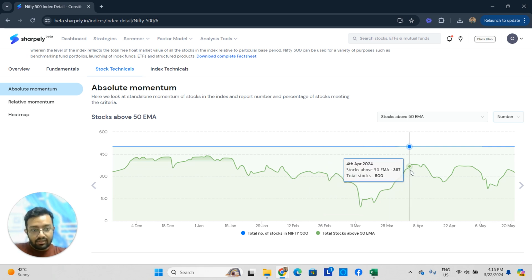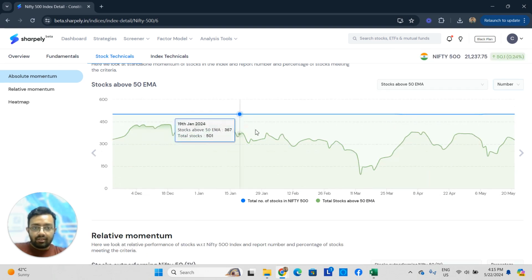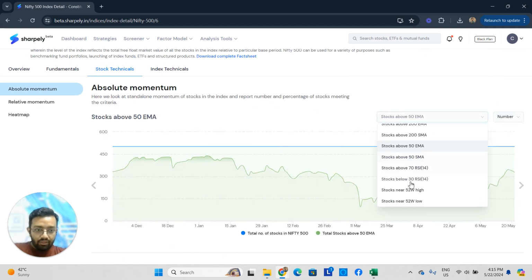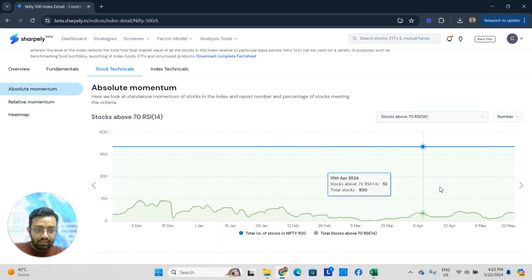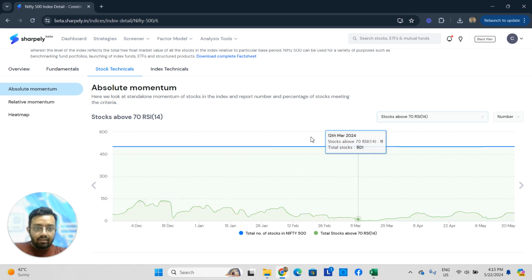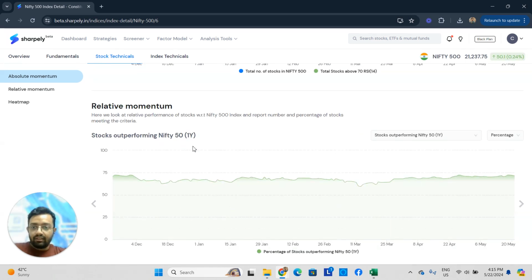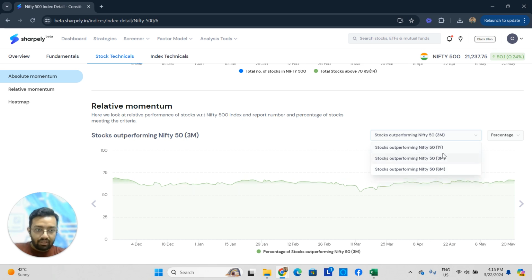You can confirm the same by looking at the chart on TradingView or any other charting tool as well. Right, so these are the stocks above key moving averages, stocks nearing 52-week high, stocks above RSI 70. So this is the absolute momentum. Then in relative momentum, stocks outperforming Nifty 50 on a 1 year time frame, 3 month or 6 month time frame.